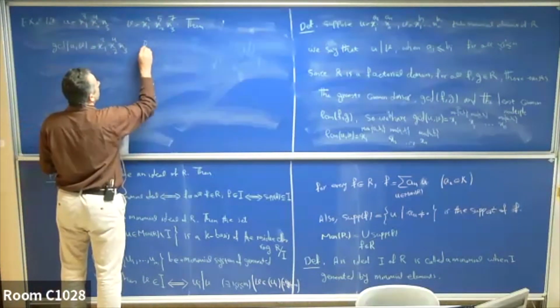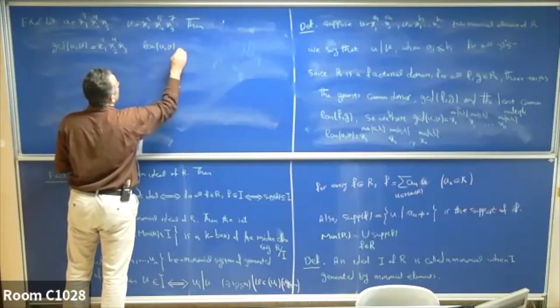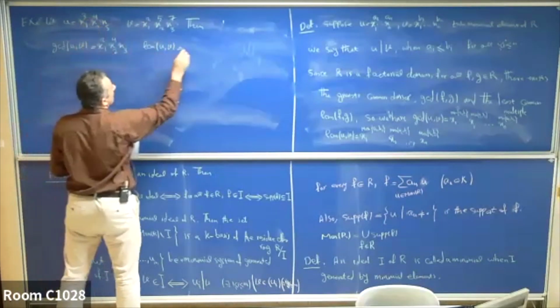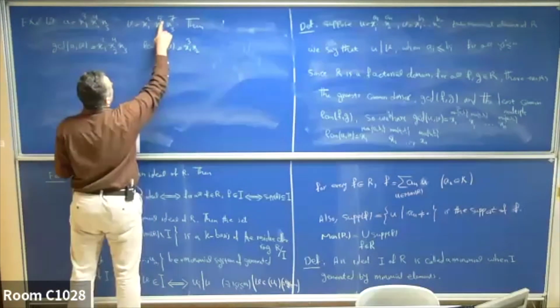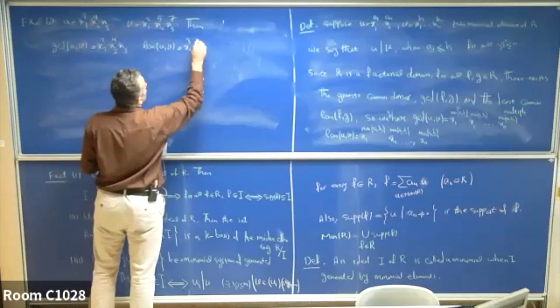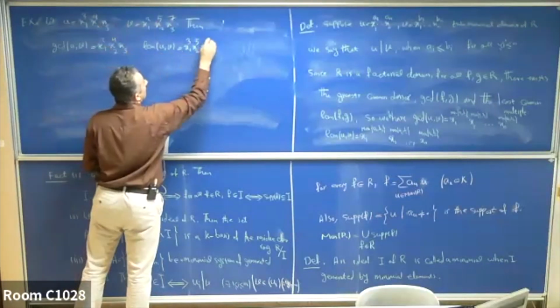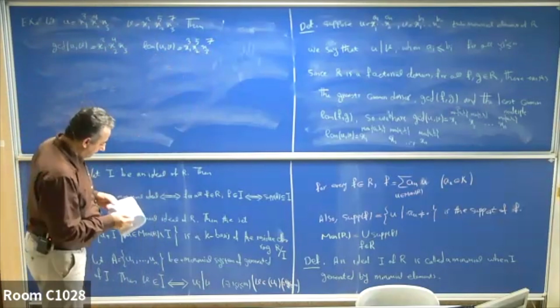And the LCM of u and v takes the maximum of 2 and 3, which is 3, the maximum of 5 and 4, which is 5, and the maximum of 7 and 1, which is 7. This is the LCM.